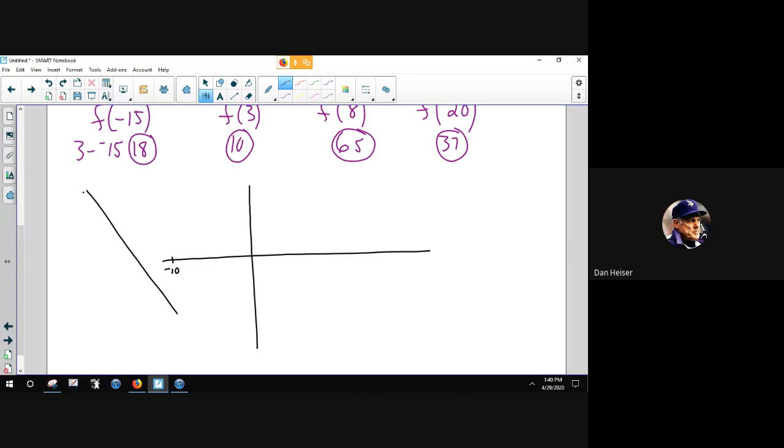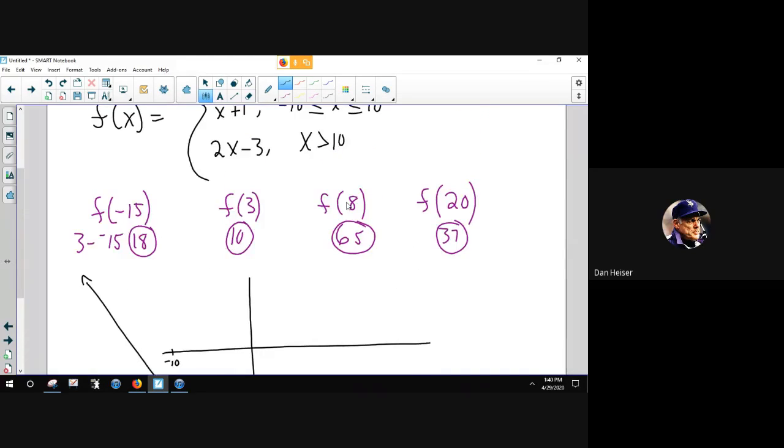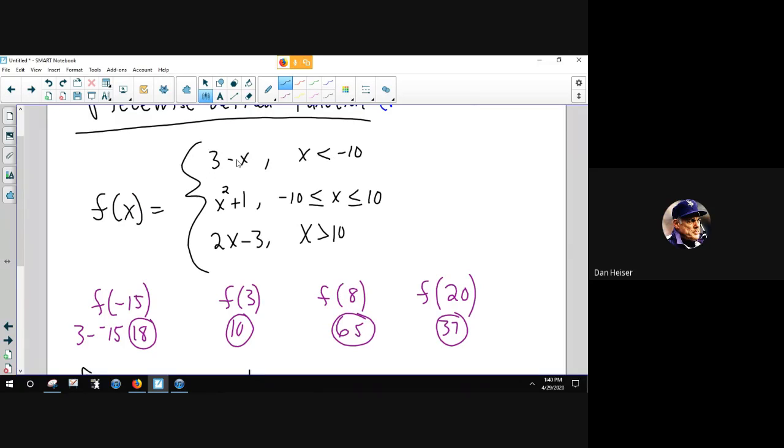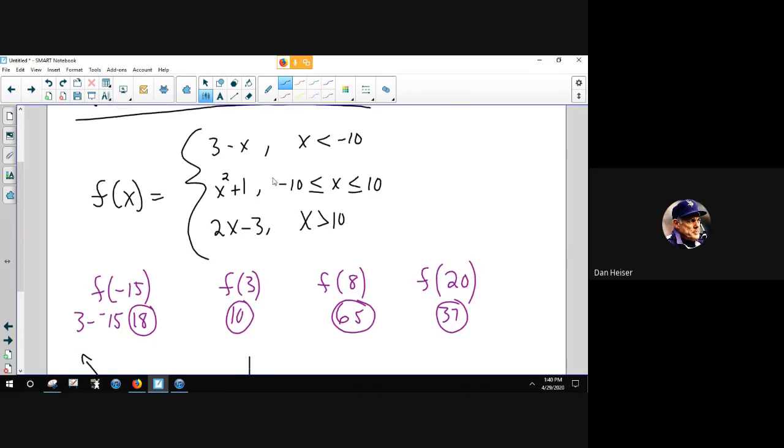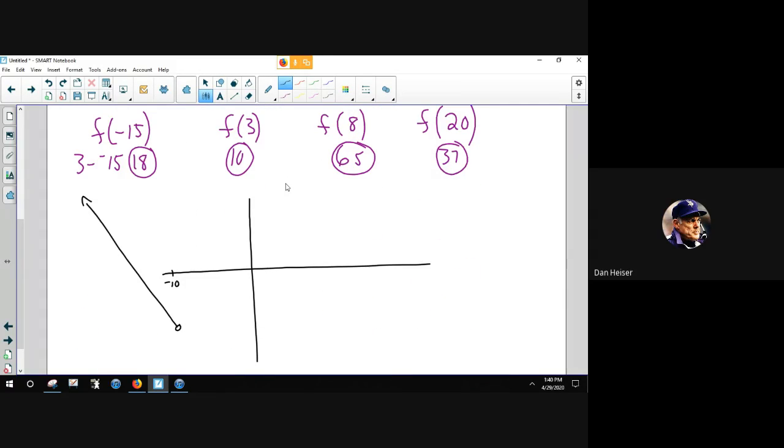But an open circle there, because when x is negative 10, I don't use this number. Actually, hold on, I did that incorrect. I'm going the wrong way. That should be up here. There we go. That's better.